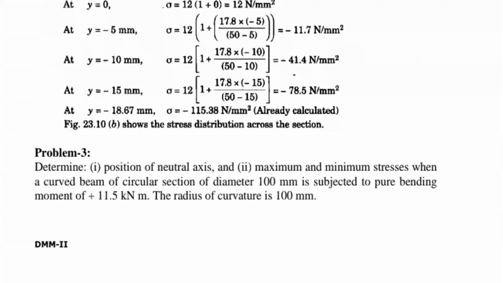That is the reason why we first deal with the standard cross sections, and then move on to different types of curved beams with different shapes, such as crane hooks or chain links. Whatever we learned in earlier classes, all those things we try to solve. To solve those kinds of problems, first you have to understand this concept. This is also very important from the examination point of view.